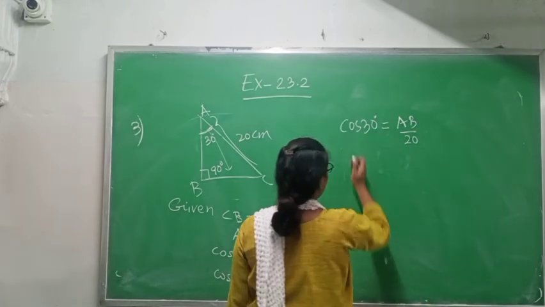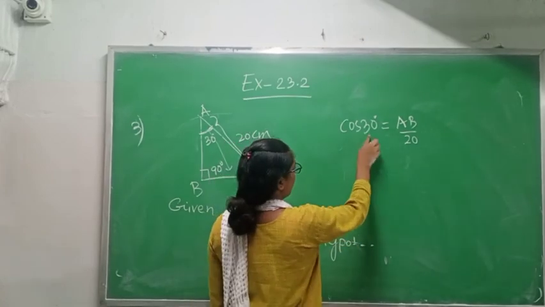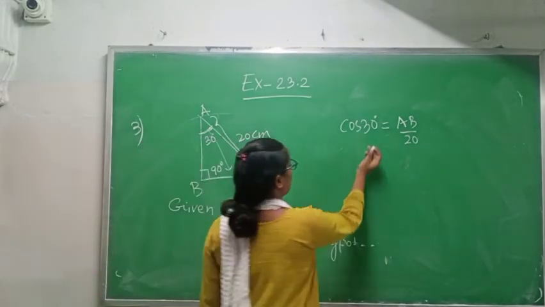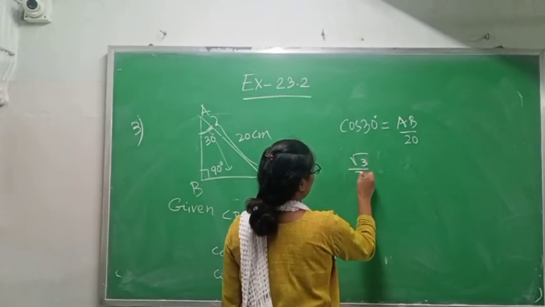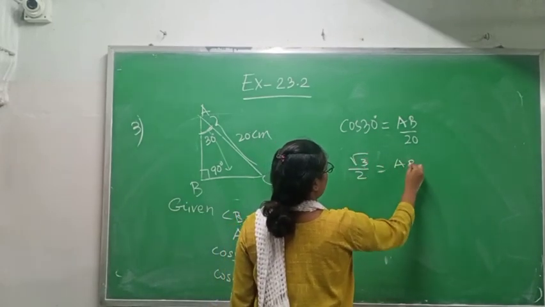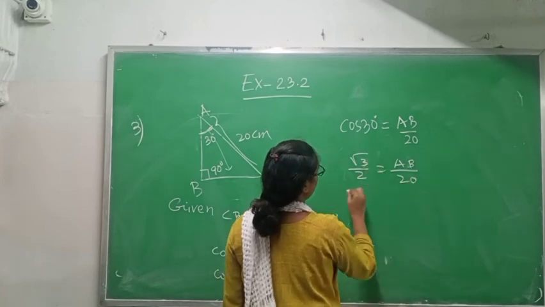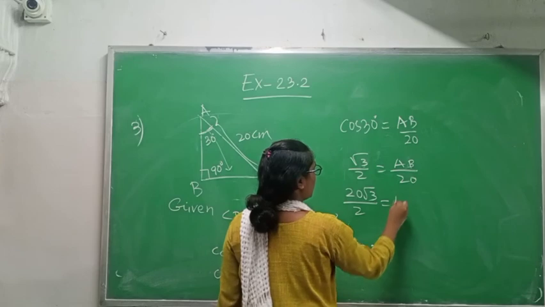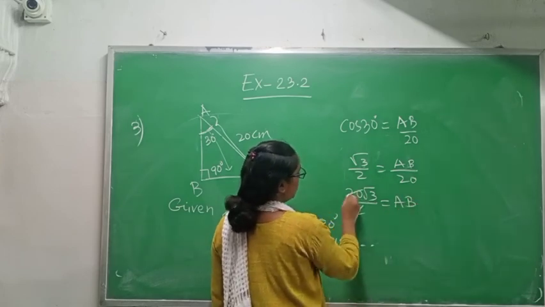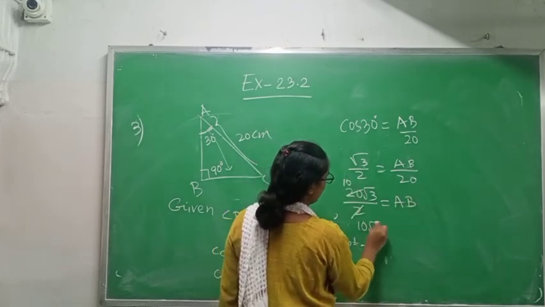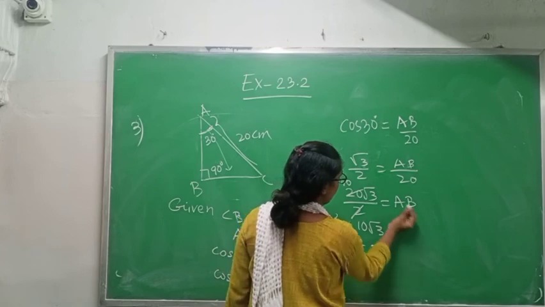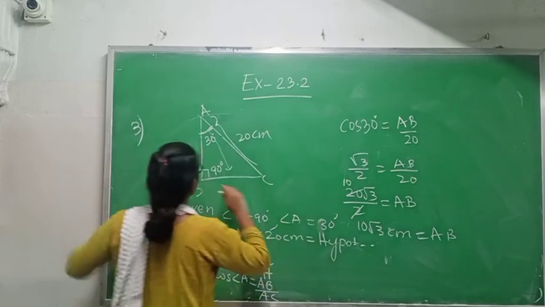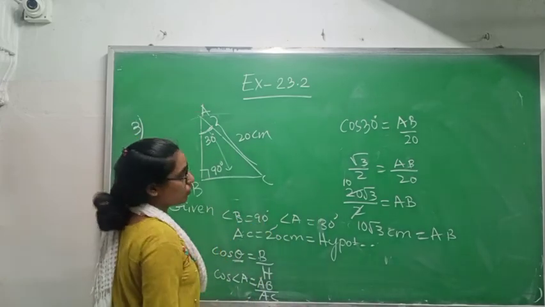Cos 30 degree value is root 3 by 2. So root 3 by 2 equals AB by 20. Now this 20 will come over: 2 tens are 20, so 10 root 3. Means AB you are getting 10 root 3.